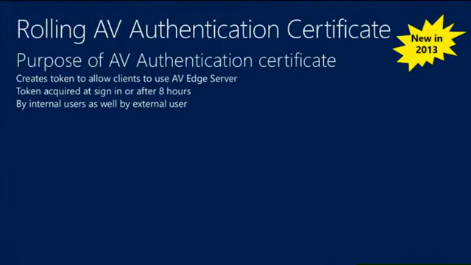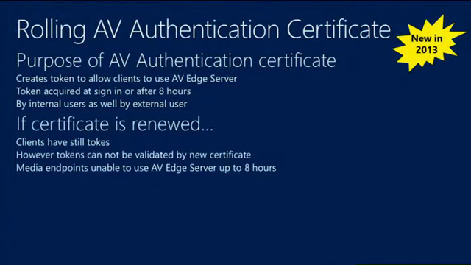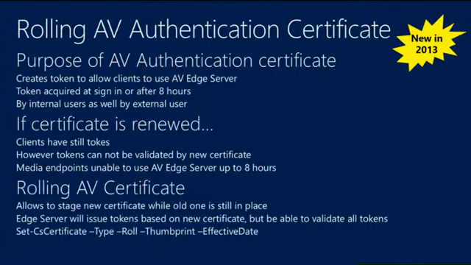In Lync 2013, we have now the ability to create a rolling certificate, so to tell the Edge server, well, use your old certificate still, but at this specific point of time, and there's a command shell for that, start using the new certificate. And for the time of 8 hours, it will actually be able to authenticate users with tokens from both certificates.